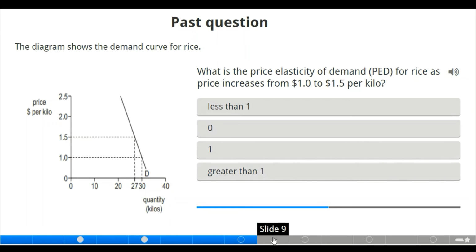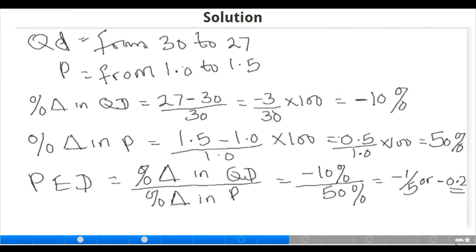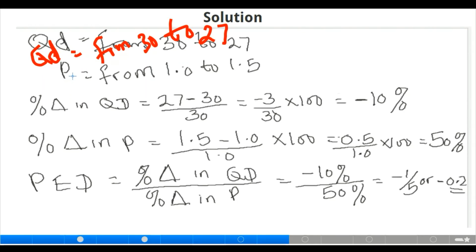Now let us move to the calculation before we choose our answer. We said our QD moves from 30 to 27, while our P moves from $1 to $1.5.